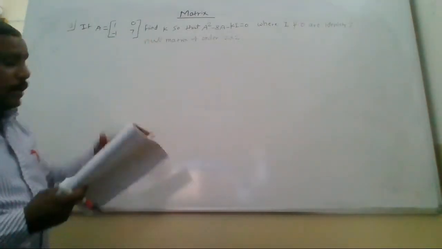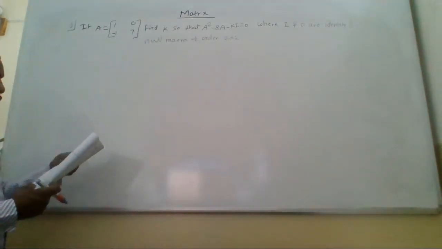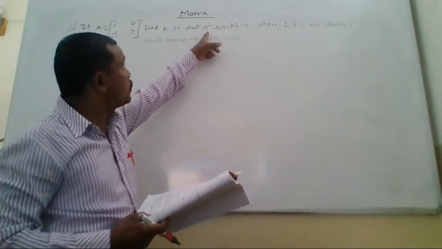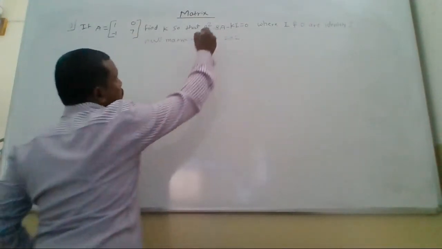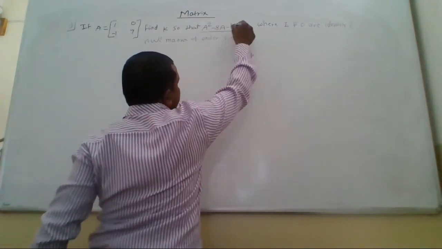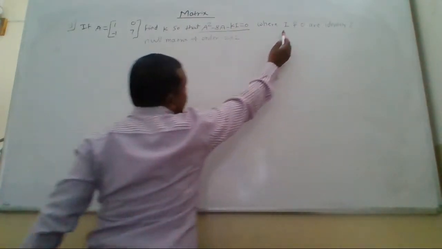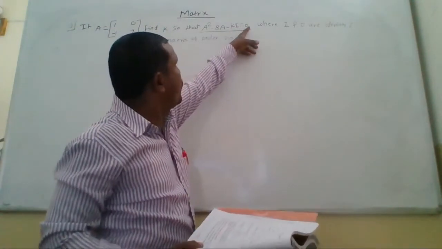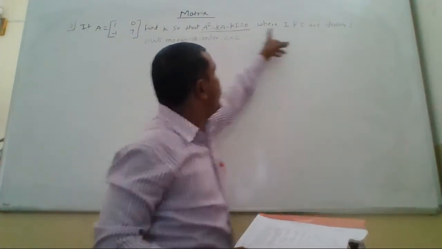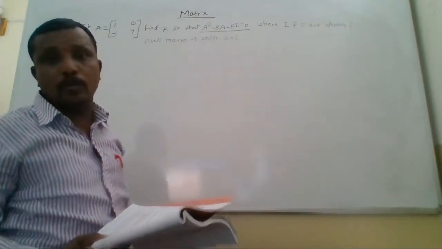Find K so that A square minus 8A minus KI equals 0. This is the given equation, A square minus 8A minus KI, where I and 0 are the identity and null matrix of order 2 by 2.